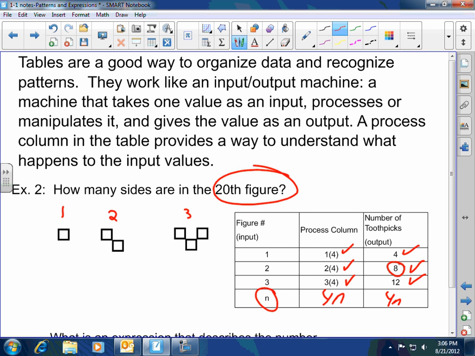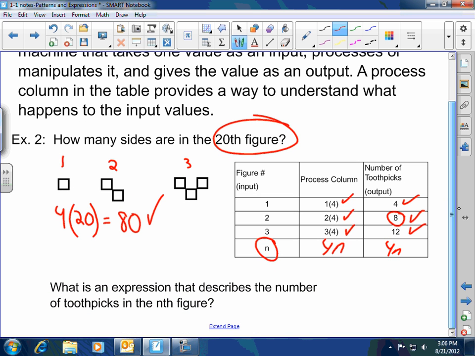How many sides or toothpicks are in the 20th figure? Well, let's just follow our formula. It's 4 times the figure number, which in this case is 20, and that is going to equal 80. 80 sides or toothpicks, because the sides were made of toothpicks. And then, what is an expression that describes the number of toothpicks in the nth figure? We already figured that out. That's going to be 4n.